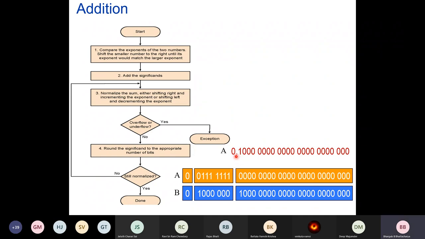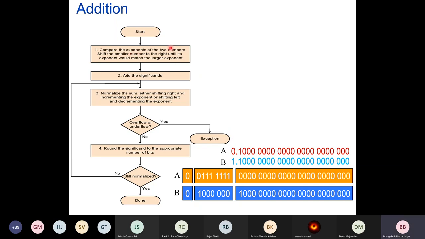So A becomes, after shifting, 1 followed by all 0, and B remains as is. B is 1 point, with the 1 restored, 1.1 and all 0. So that is to start with. After step 1 we will be getting this.